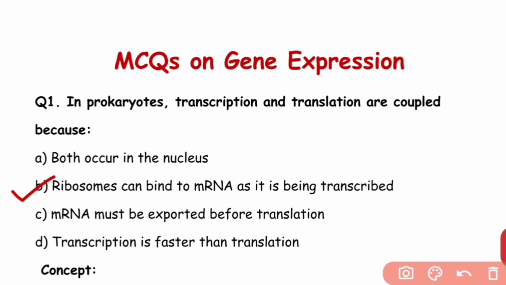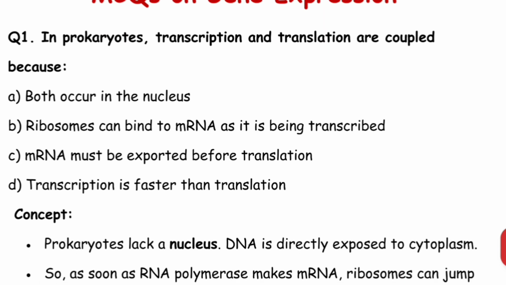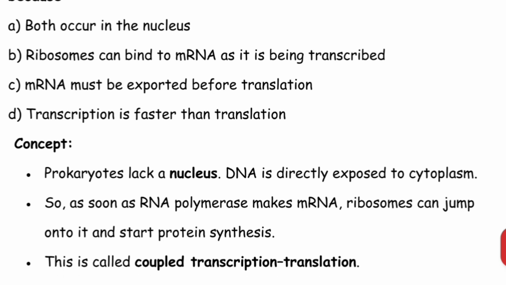Now let us see the concept behind it. As we know, prokaryotes do not contain a nucleus. As a result, their DNA is directly exposed to the cytoplasm. As soon as transcription begins, as the RNA polymerase makes mRNA, ribosomes can jump onto the formed mRNA and start translation, which is protein synthesis.